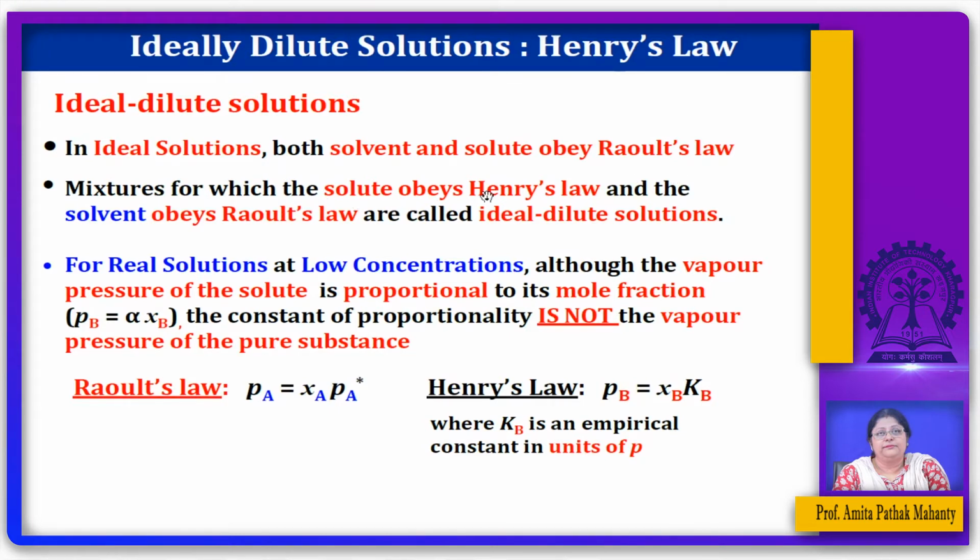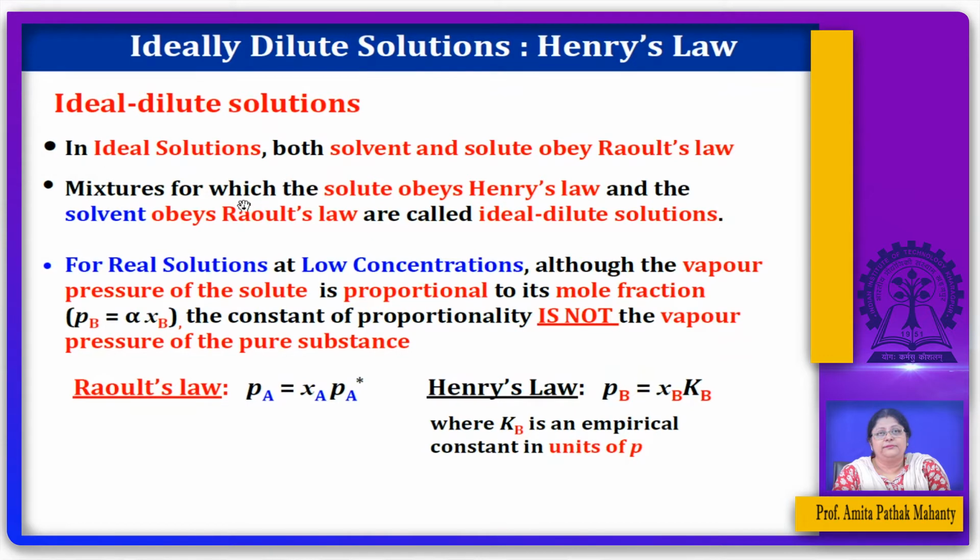Mixtures for which the solute obeys Henry's law and the solvent obeys Raoult's law are called ideal dilute solutions. What does that mean? The solute obeys Henry's law, and the solvent uses the same expression for Raoult's law. If such a liquid is considered, then we say it is an ideal dilute solution.